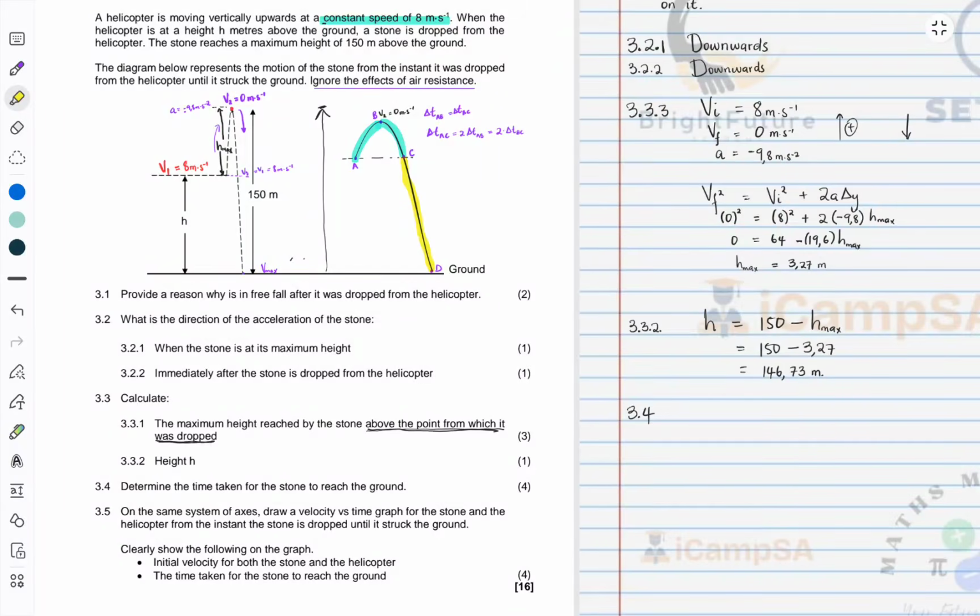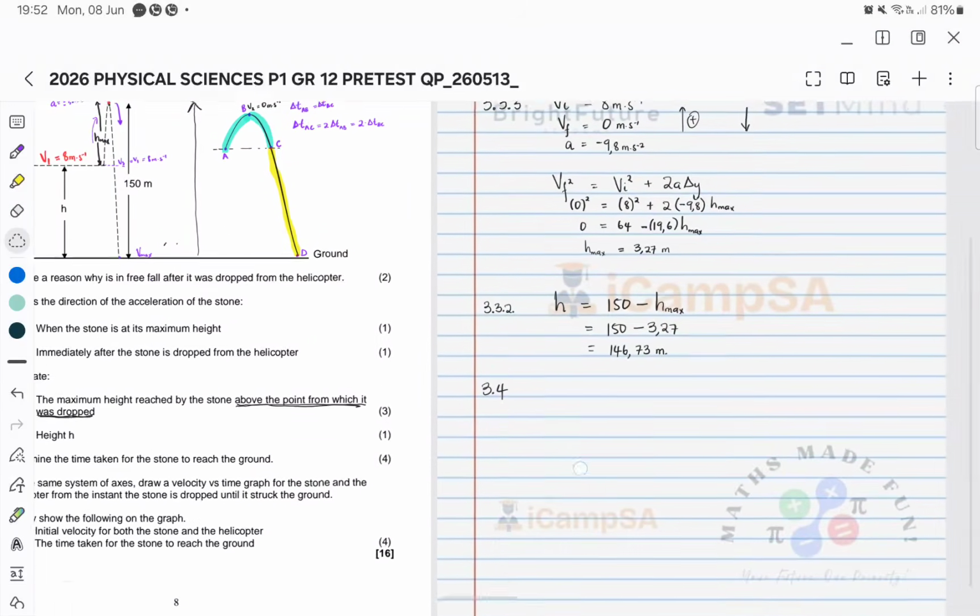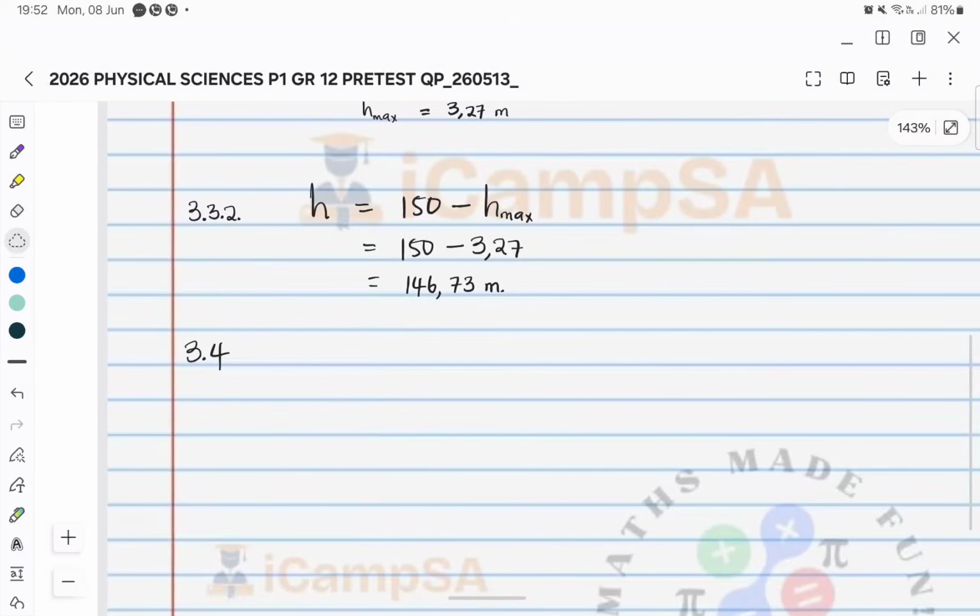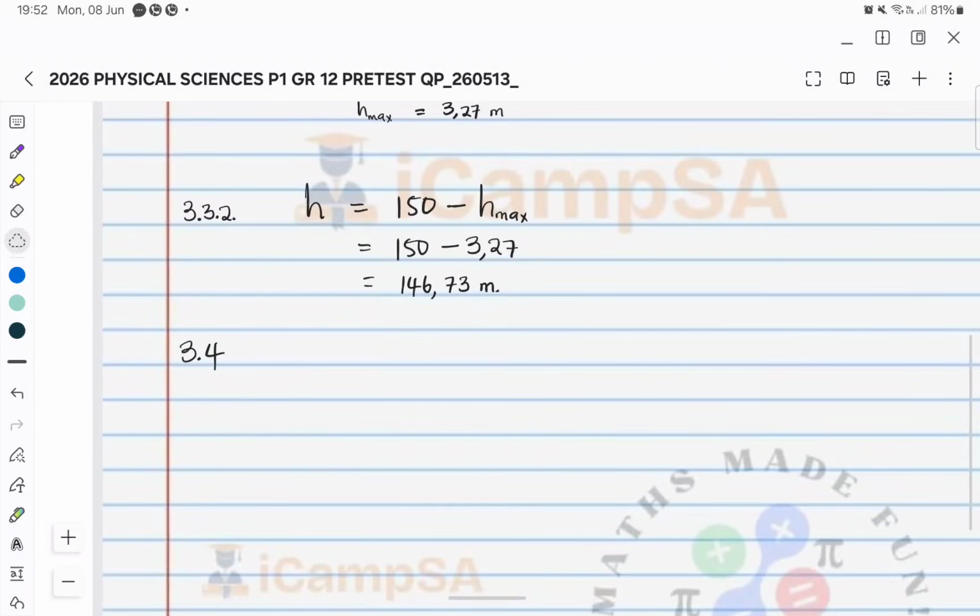Okay, so the time taken for the stone to reach the ground. Alright, so let me first add these formulas so I can show you which one we select for this case.